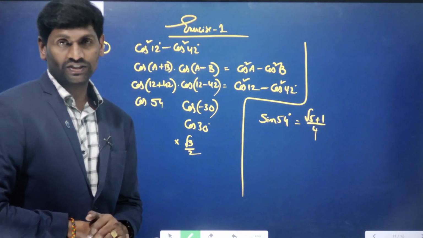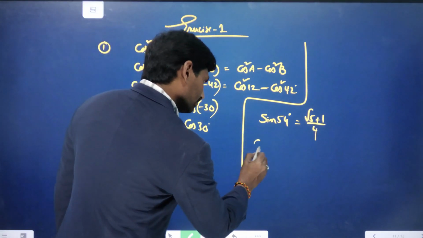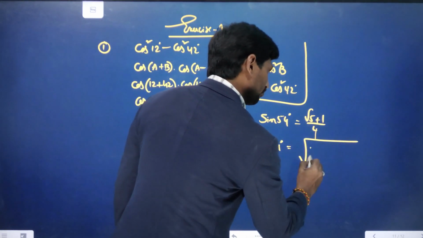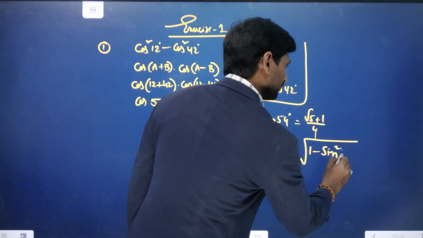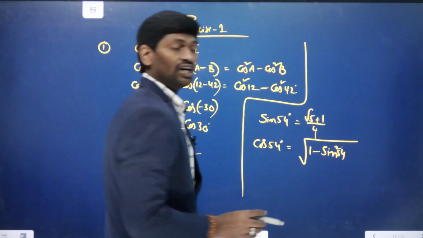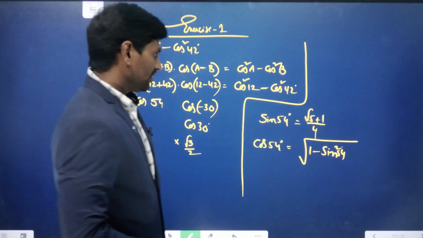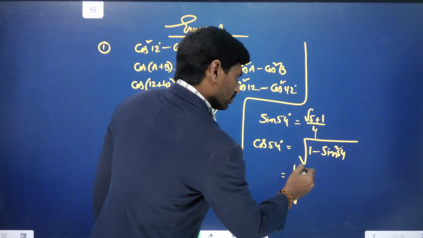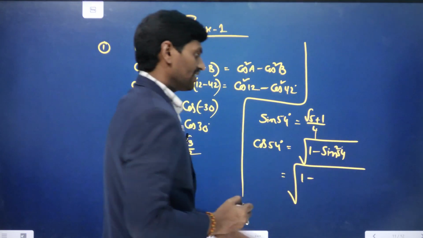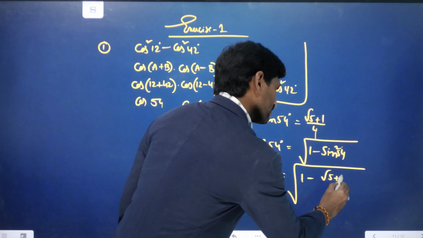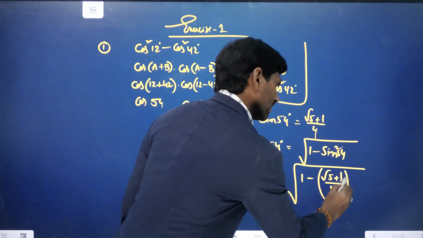By using cos theta, cos 54 we can write as root over 1 minus sine square 54, by using the algebraic identity sine square theta plus cos square theta equals 1. Substitute here: root over 1 minus root 5 plus 1 by 4 whole square.